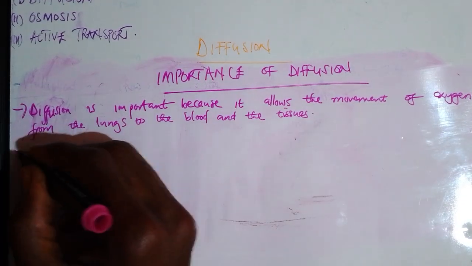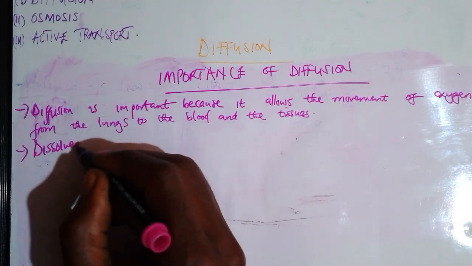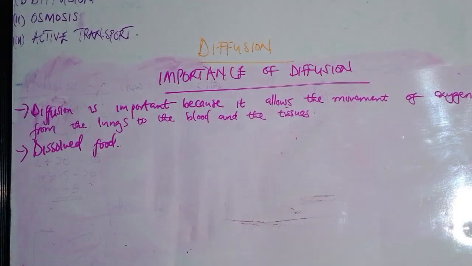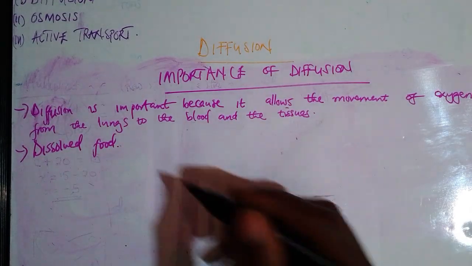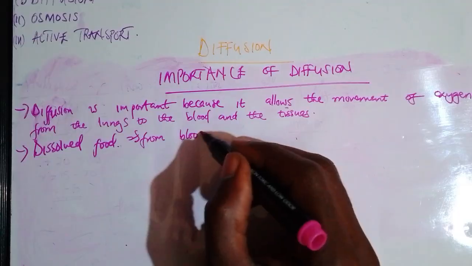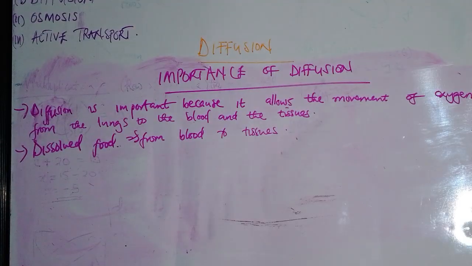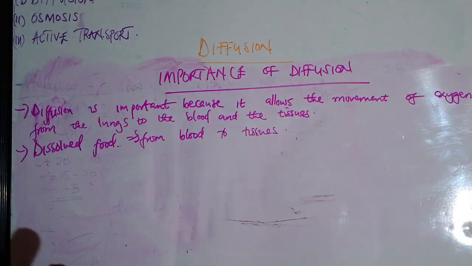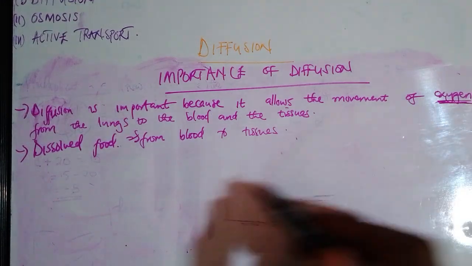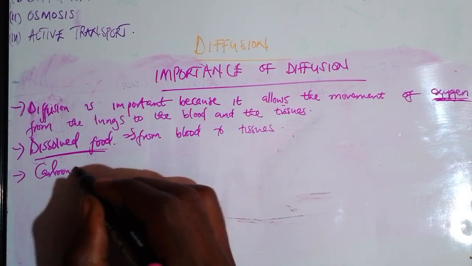Then the second importance is dissolved food. For dissolved food to move from the blood to the tissues, it needs what? Diffusion. Here we are talking about the movement of oxygen, the movement of dissolved food, and the movement of carbon dioxide.